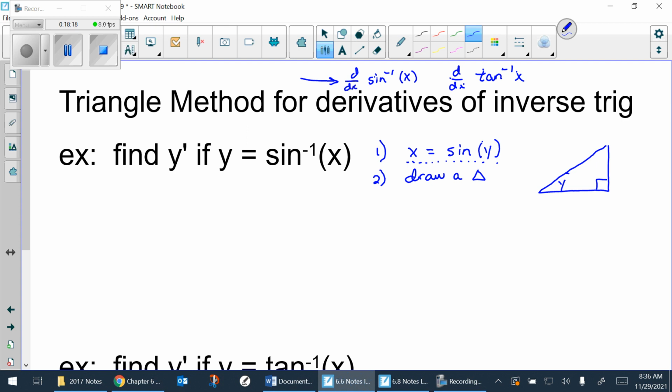And the sine of this angle, the opposite divided by the hypotenuse, is x. So I'm going to make opposite x and hypotenuse 1. If I take opposite over hypotenuse, do I indeed get x? Have I drawn a triangle where the sine of angle y is equal to x?